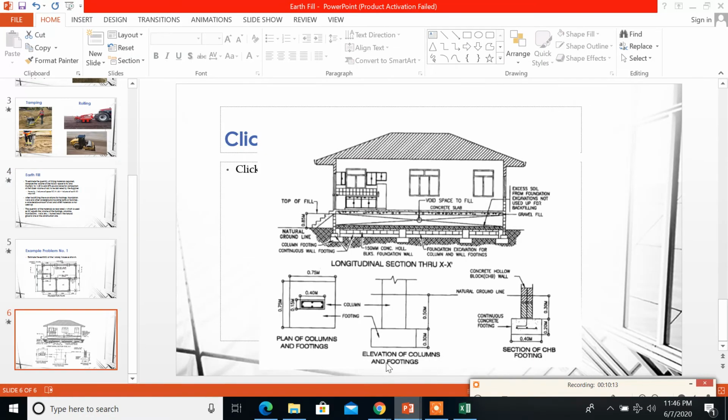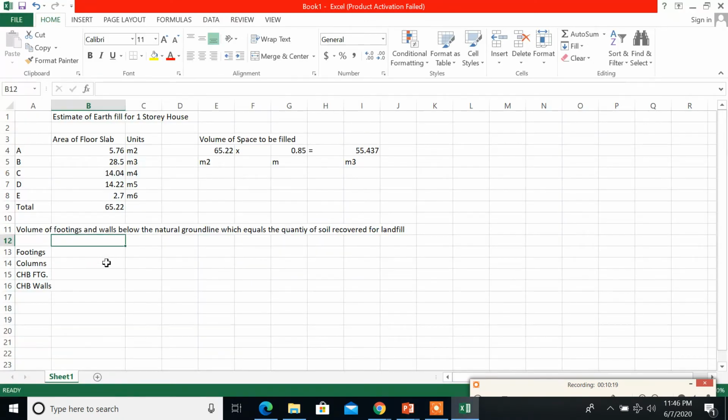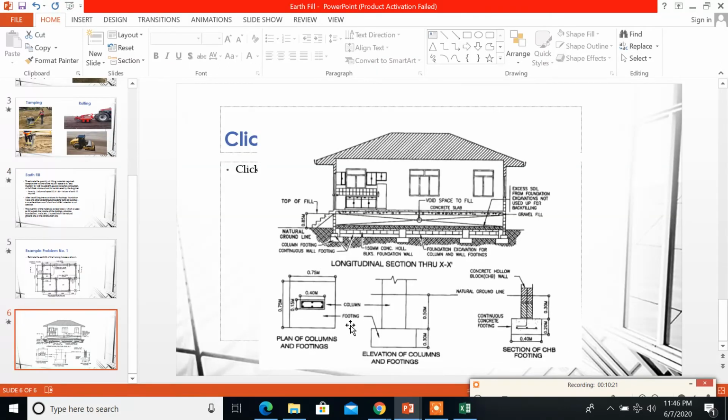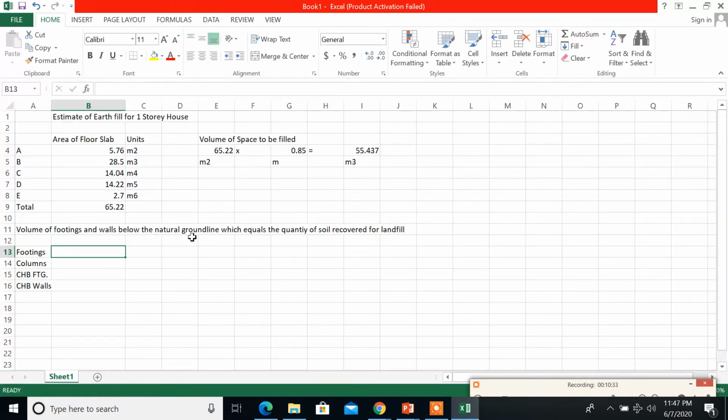So, going back to the figure, based from the plan of column and footings, volume of the footing is equivalent to 0.75 times 0.75 times the thickness, which is 0.3.